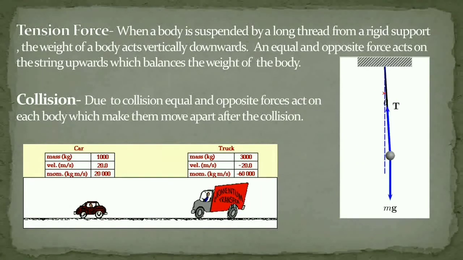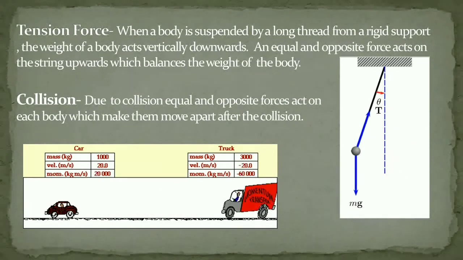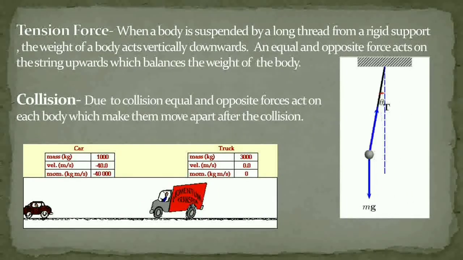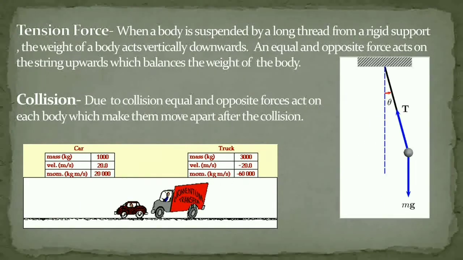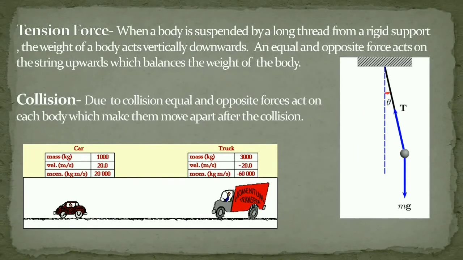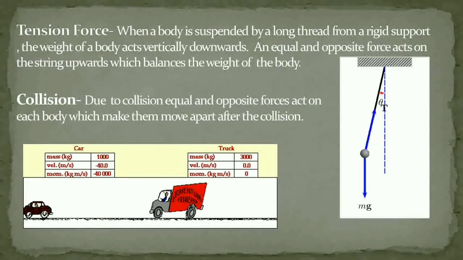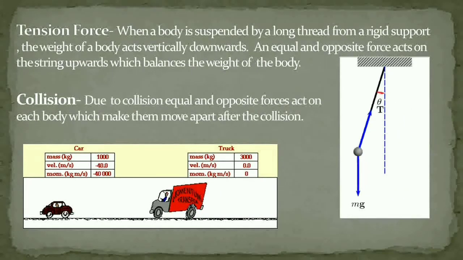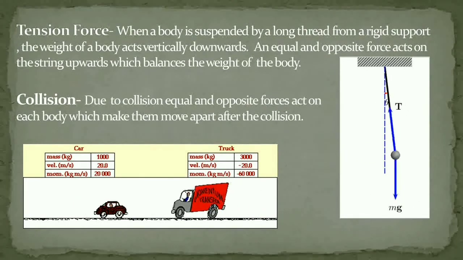As a result, the two bodies move with different velocities after the collision. So due to this collision, equal and opposite forces act on each body, which make them move apart after the collision. Clear? You can see in this animated picture the collision force, which makes them move apart after the collision.